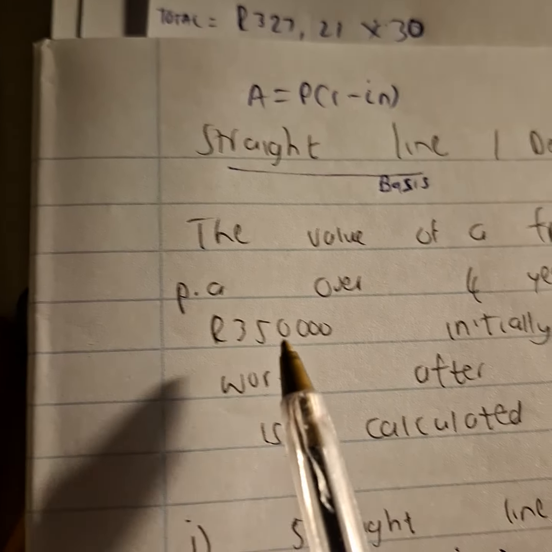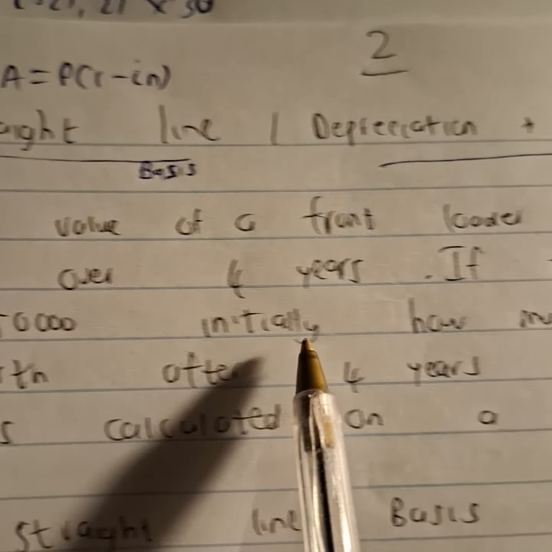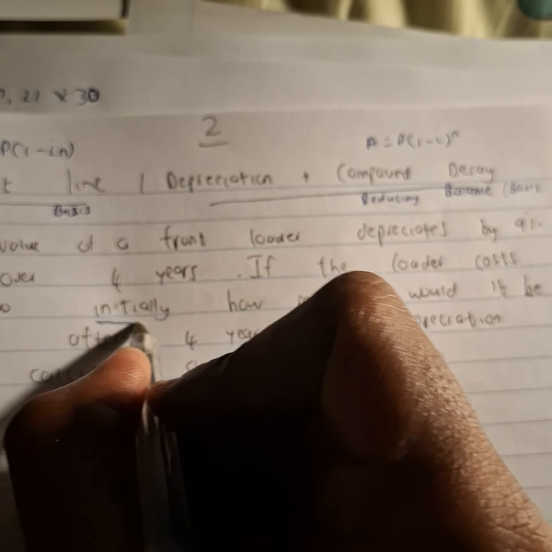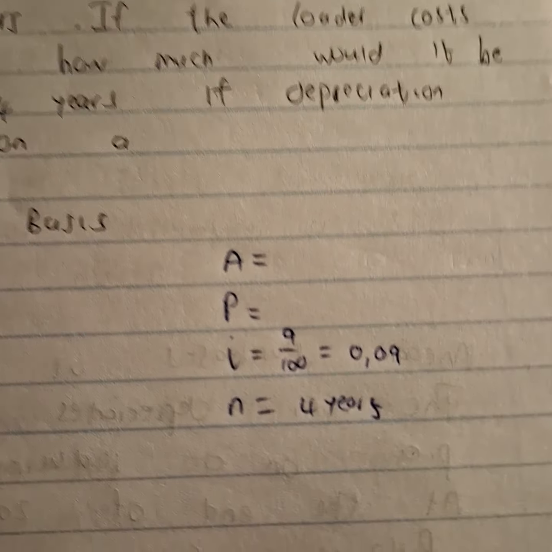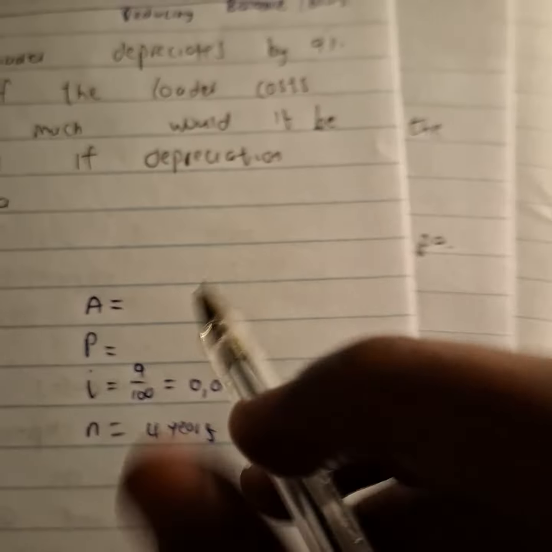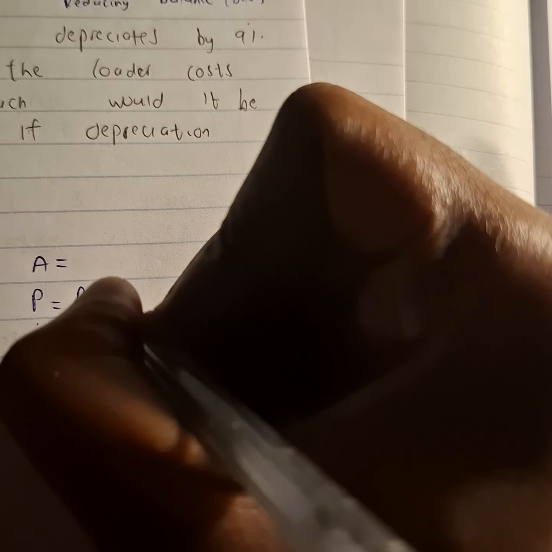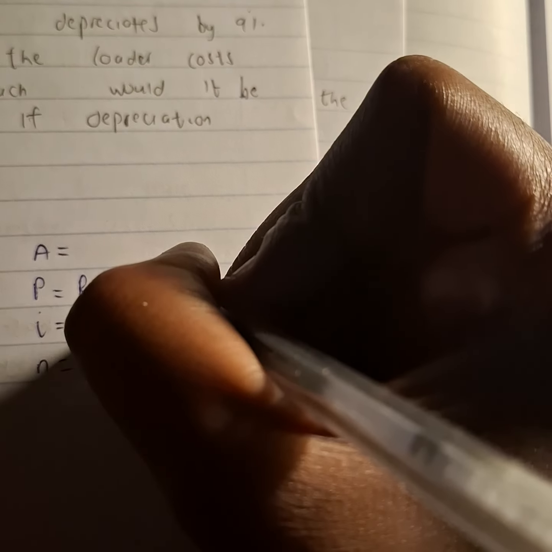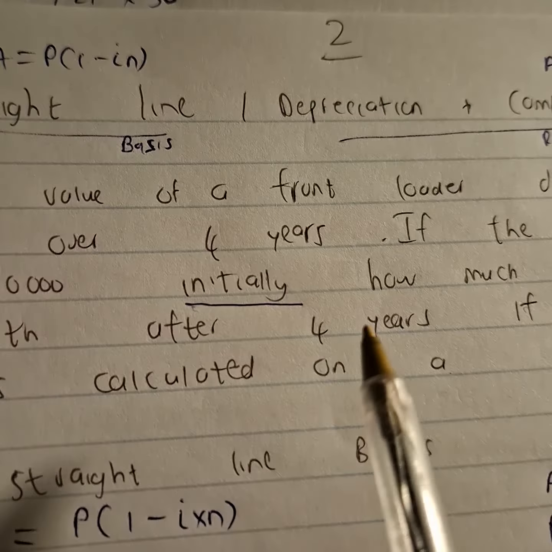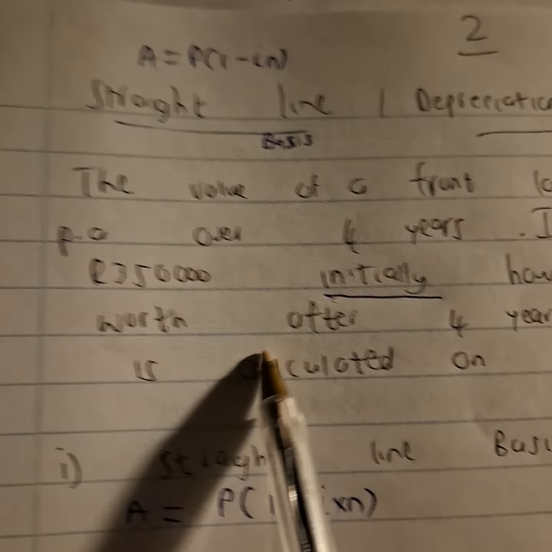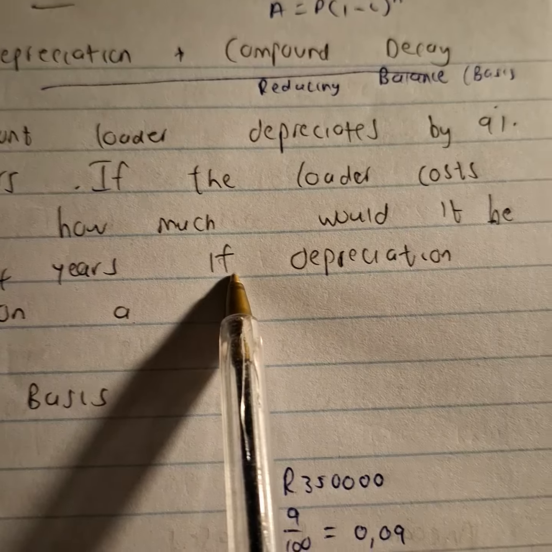Now it says the loader costs 350,000 initially, at the beginning. Remember, P is the present value at the beginning, so 350,000.